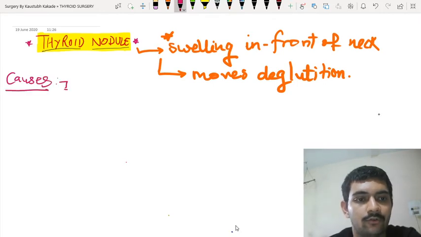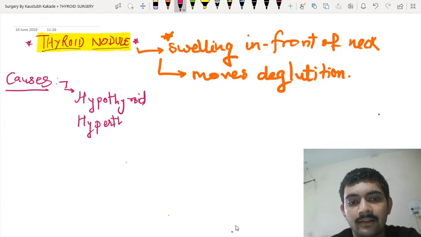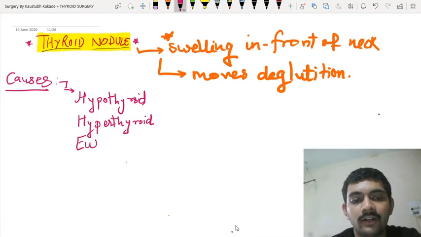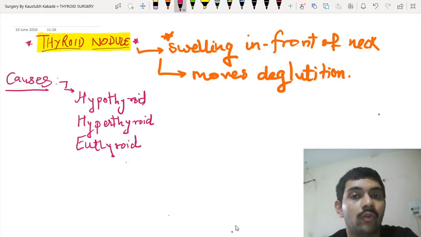So now let us see what the causes of a thyroid nodule are. This can depend upon whether the patient is hypothyroid, hyperthyroid, that is, an excessive amount of thyroid hormone T3 and T4 is released, or a euthyroid patient where the thyroid function tests are absolutely normal, even with no complaints.